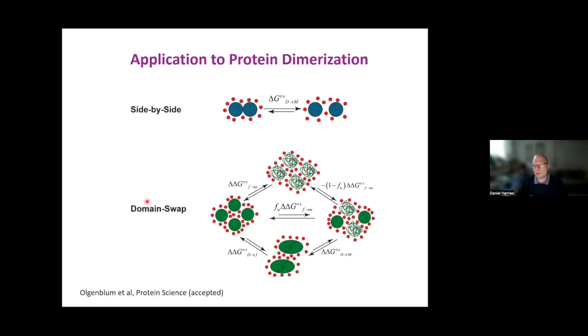And we would like to now apply the model to these systems, where the added complication, at least in the case of the domain swap dimer, is that we have two processes acting in tandem. We have folding and dimerizing, one together with the other.